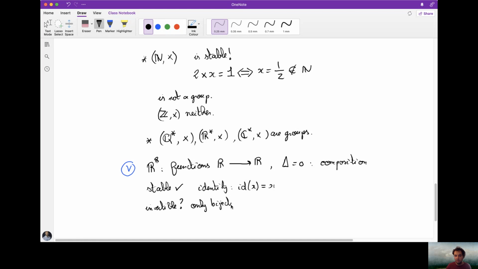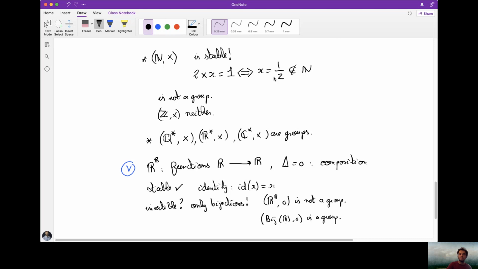That's almost the definition of a bijection: something that is invertible with respect to composition. So R^R with this is not a group, but if you restrict yourself to bijections of R with composition, then we have a group.